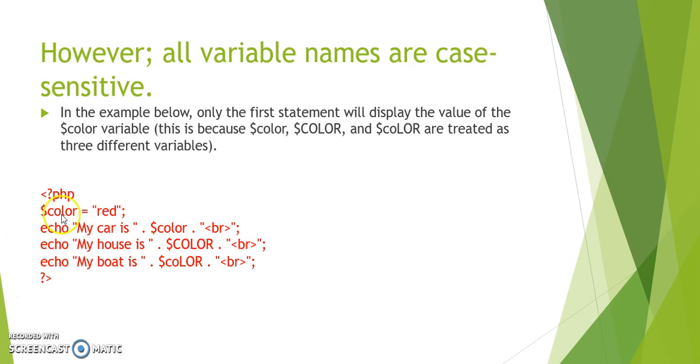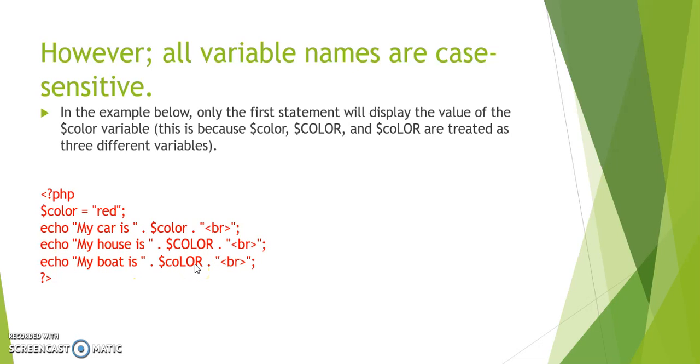As you can see in this script here, we define a variable color with a small letter, and then assign the color red to it. And then in this display here, we say echo my car is this color, and then here my car is this color, and this one my car is this color.